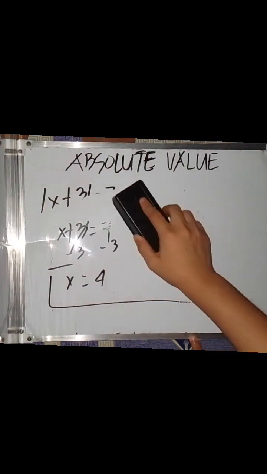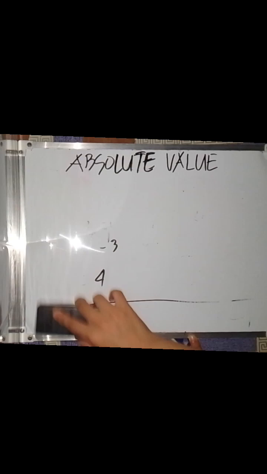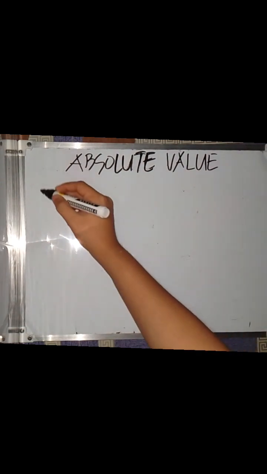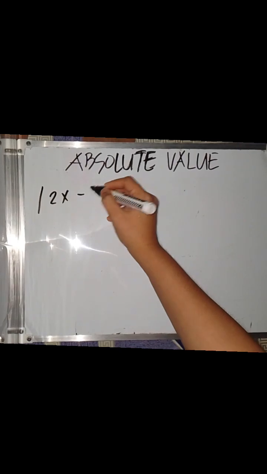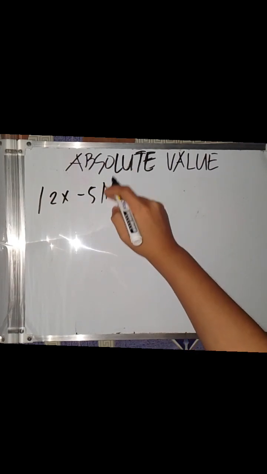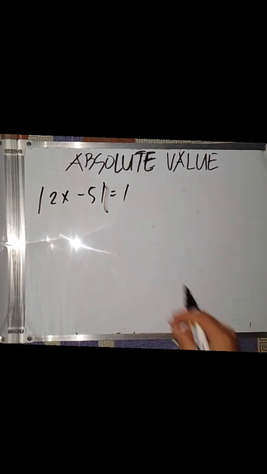In our next example we will also check if the solutions that we arrived at make the equation true. For example, we have the absolute value of 2x minus 5 is equal to 1.